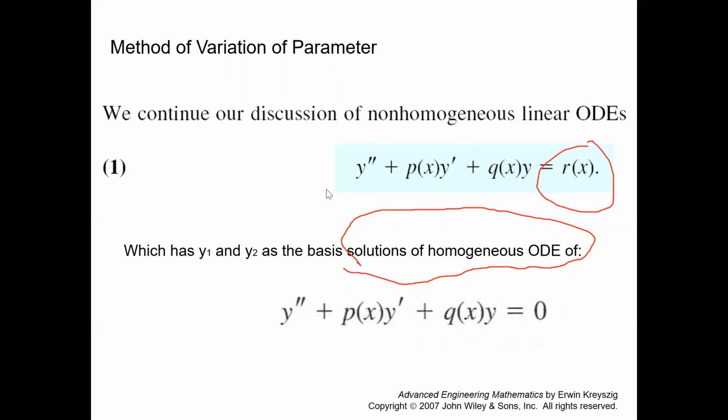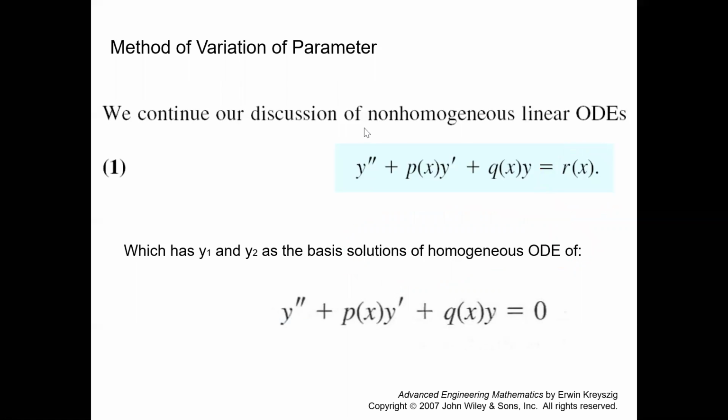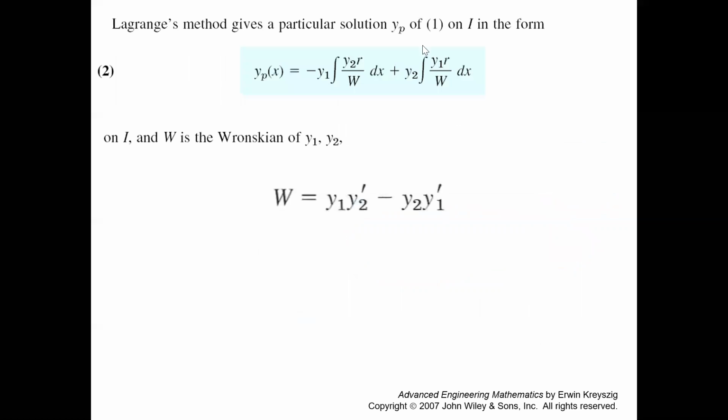In the method of variation of parameters, your particular solution is a combination of y1 and y2, where y1 and y2 are the solutions for the homogeneous.